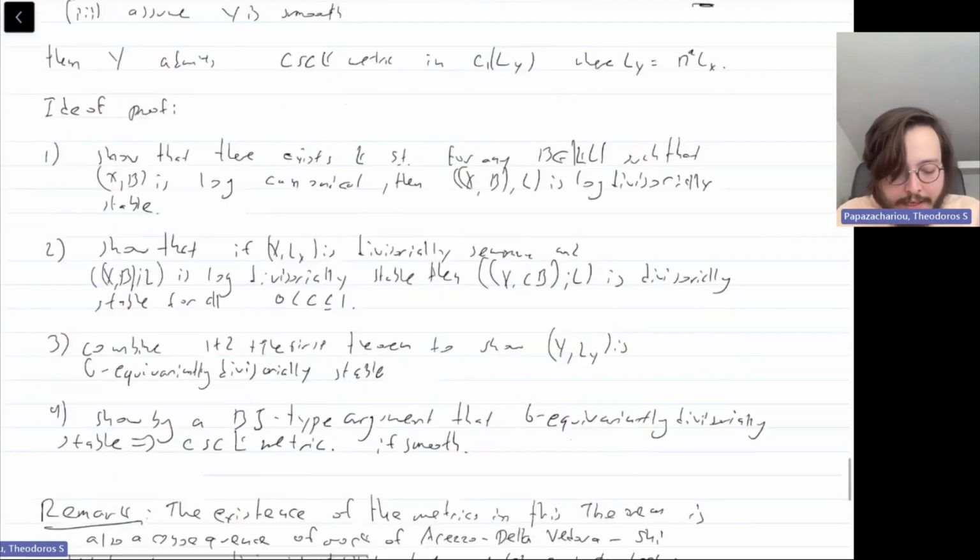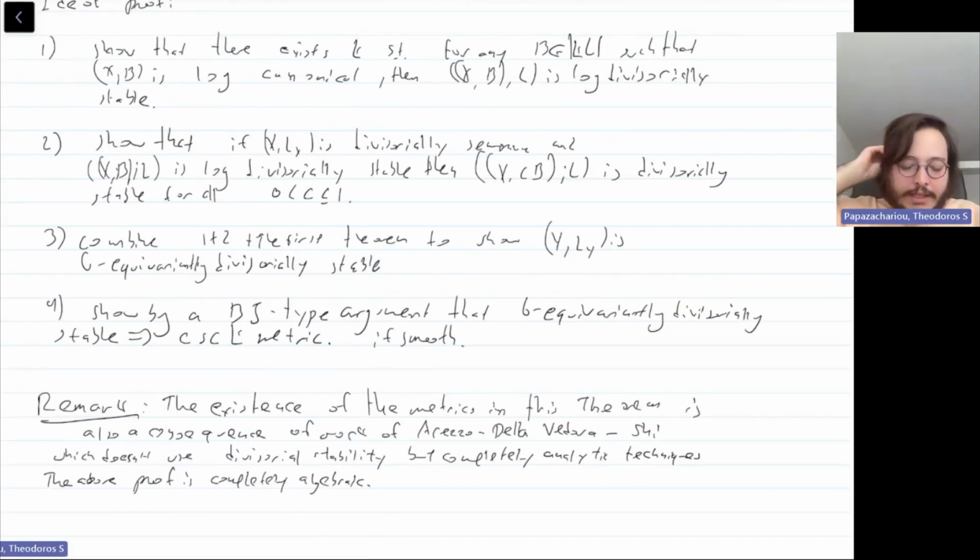And the idea of the proof here is pretty similar. It uses essentially an interpolation technique, which has found a lot of use in K-stability for Fano varieties as well. The first thing you want to do, and this is where this k plays a part, is that if you can find such a k such that every B in the linear system is log canonical, then in fact this pair is log divisorially stable.